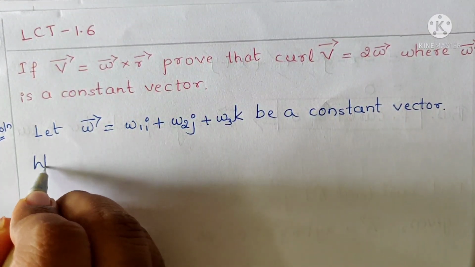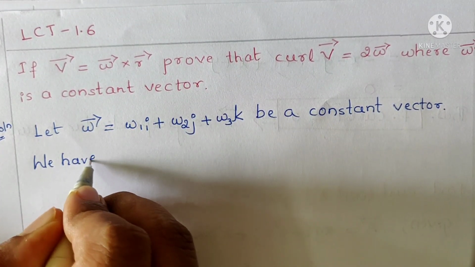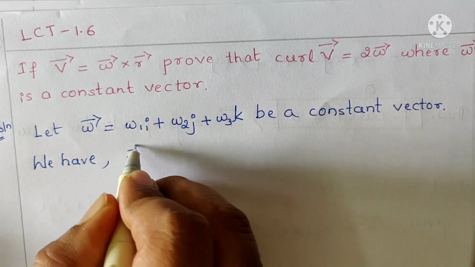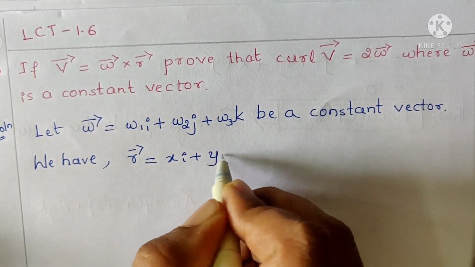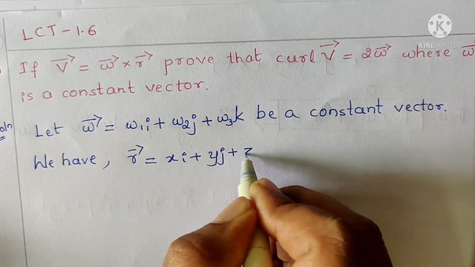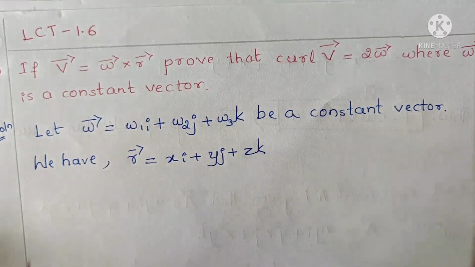Now we have vector r. Vector r is x into i plus y into j plus z into k.